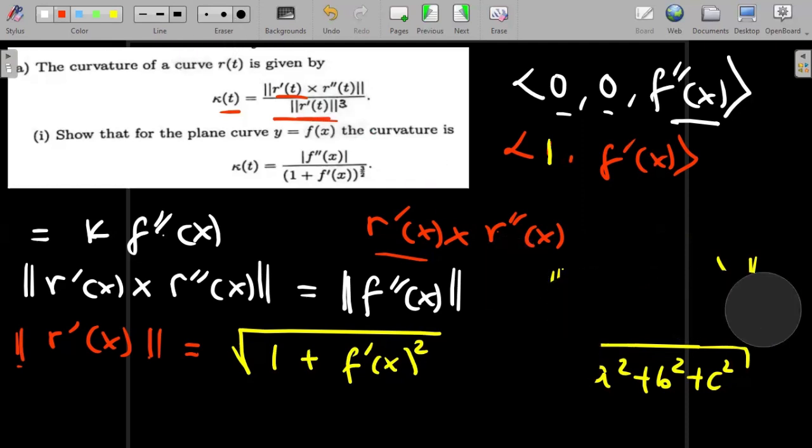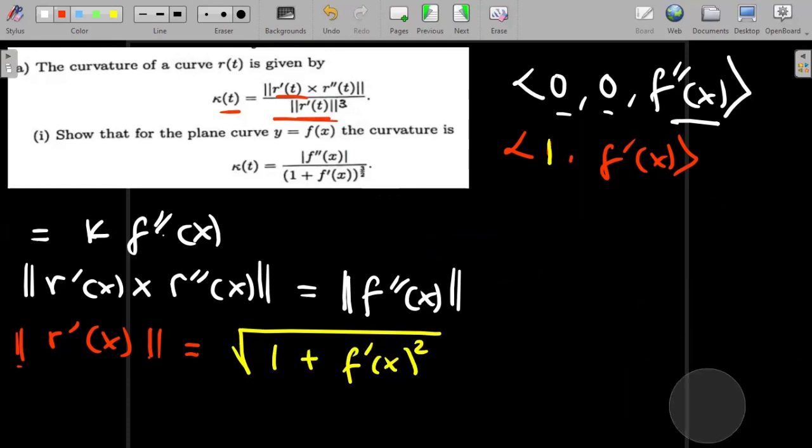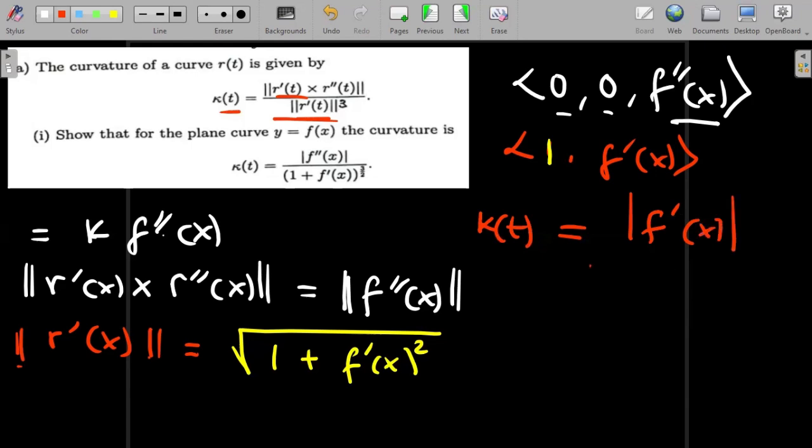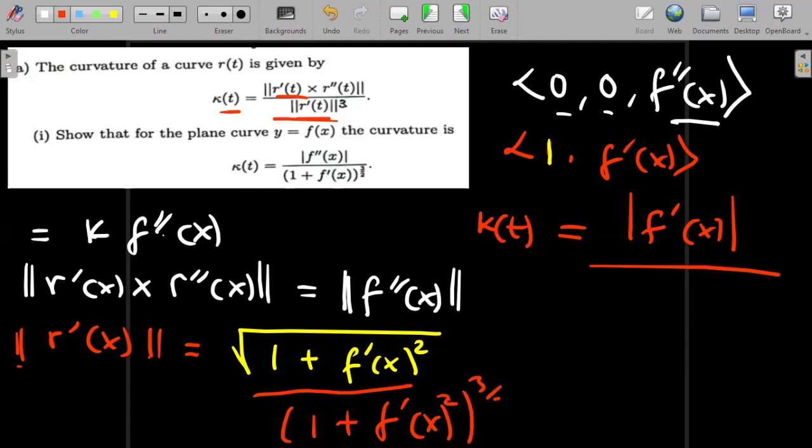We'll get that kt is equal to: r prime of x cross r double prime of x is just the modulus of f prime of x, as we found. Then this is divided by this here, but I can rewrite this in the form (1 plus f prime of x squared) to the power of 1 over 2.